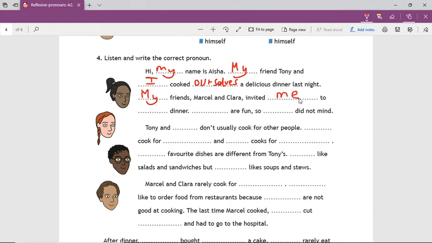Invited me to my friends Marcel and Clara invited me to their dinner. So the next bit is they. It's talking about Marcel and Clara. They are fun, so they did not mind.